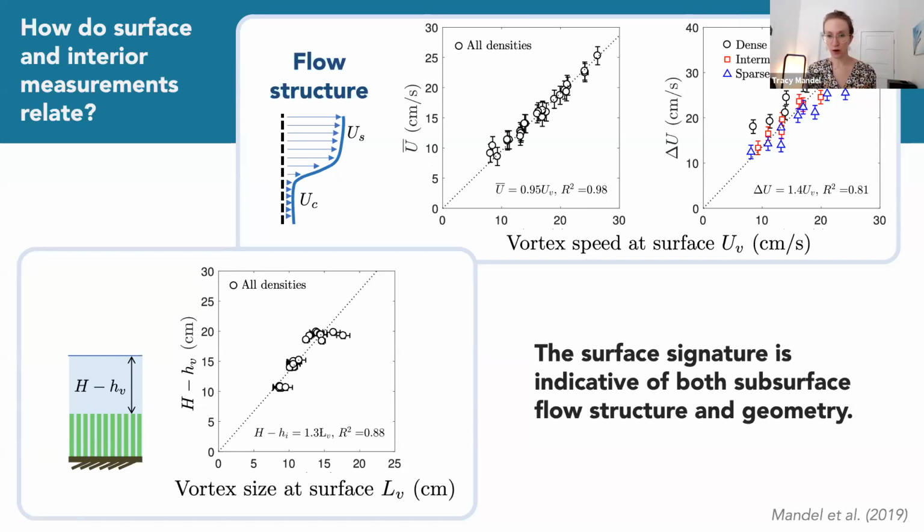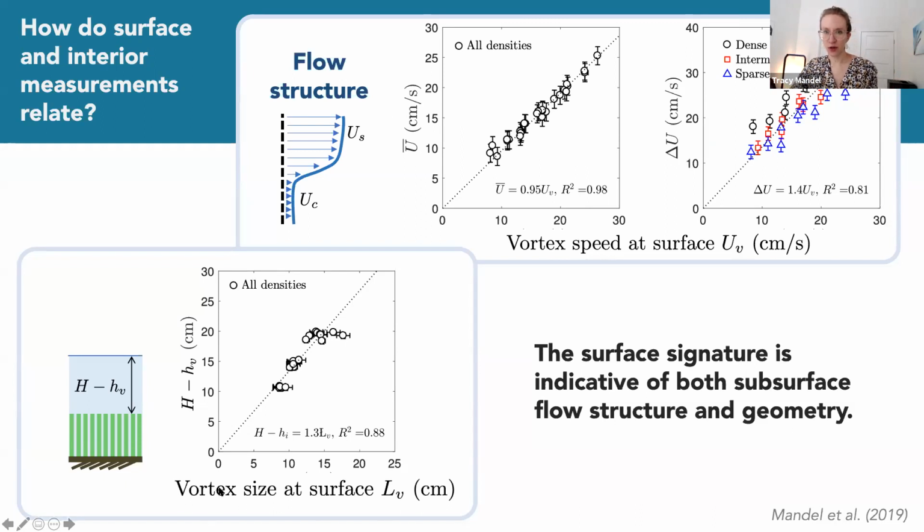And we saw that they correlated very well, extremely well for this depth average velocity. There was some more variation due to the relative density of the stems in the canopy, some more scatter due to that.